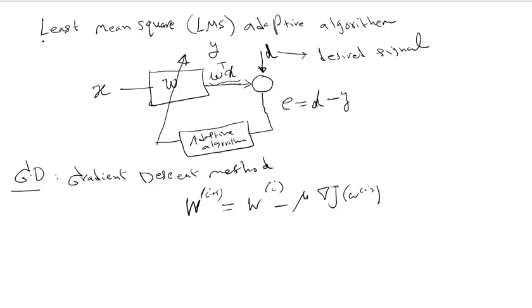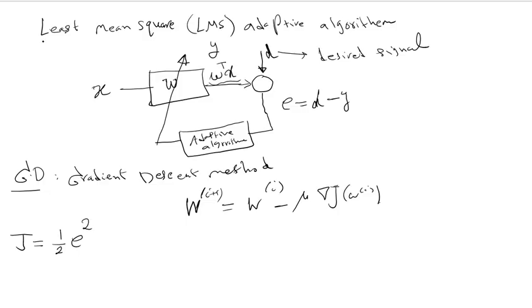In the LMS algorithm, we consider the cost function, or our loss function, J equals 1 over 2 E squared.